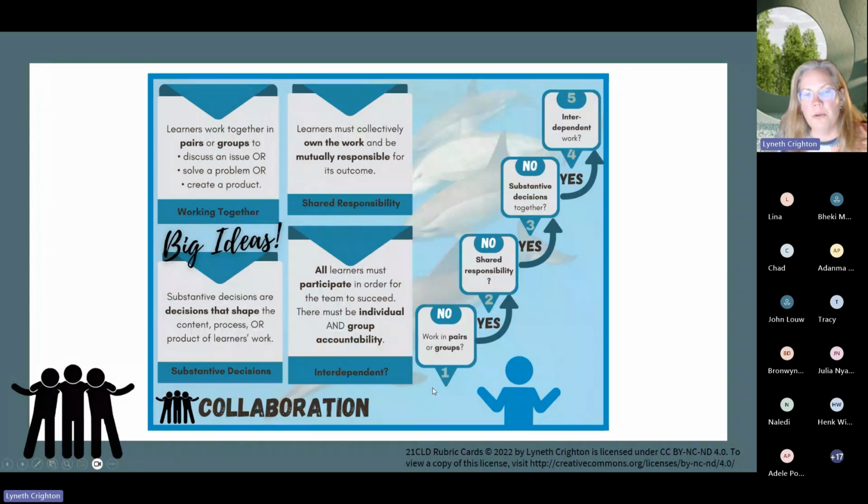So, for example, if you are requiring your learners to work together to create a PowerPoint presentation, yes, you have shared responsibility, as in there's one PowerPoint presentation. Yes, you could say that there are substantive decisions that they have to work together on, process and content and which slide is which. But if you are not marking or looking for who did what and could be held individually accountable in that PowerPoint, it would fall short of a level 5.